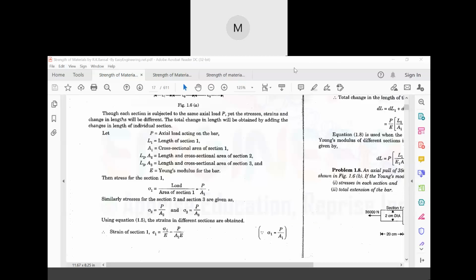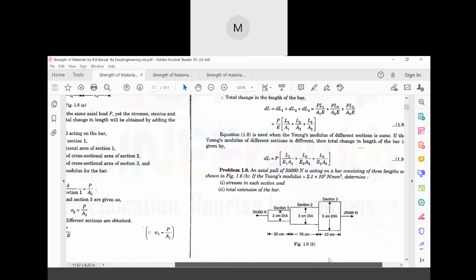Yes, okay, good. So we can write like this: sigma 1 by E. Then sigma 1 we know is P by A1. Then we can write like this: e1 equals P by A1 E. Yes or no?